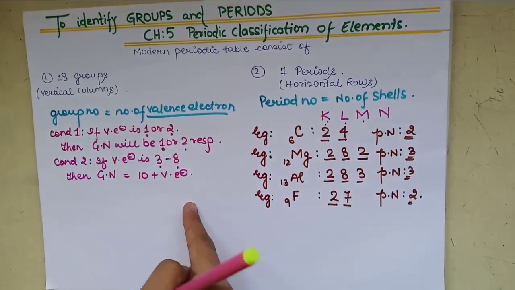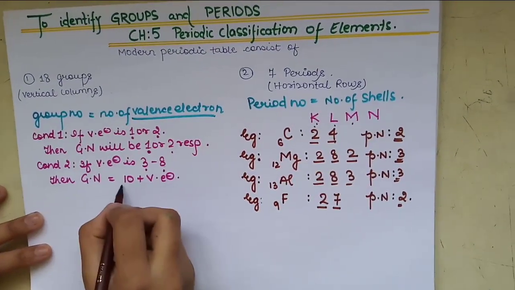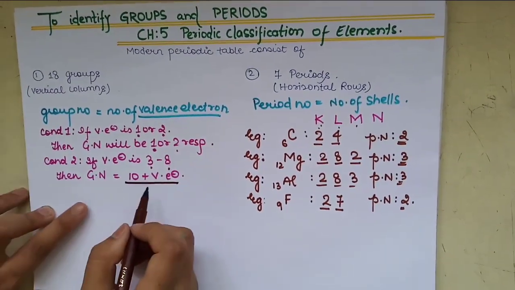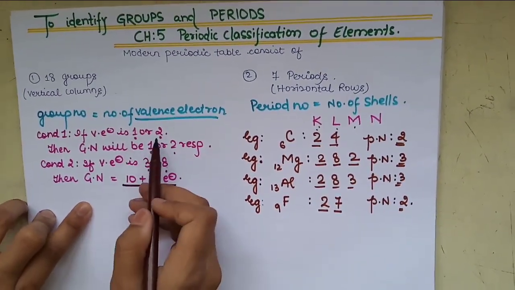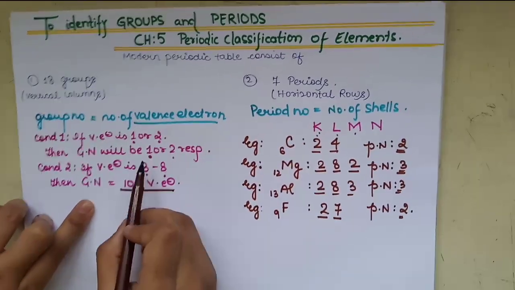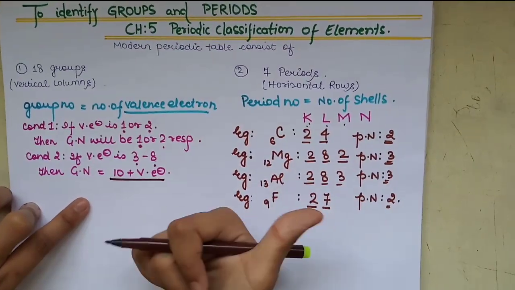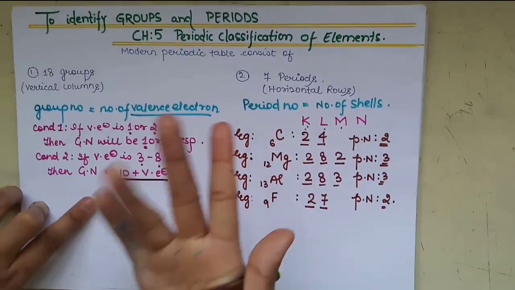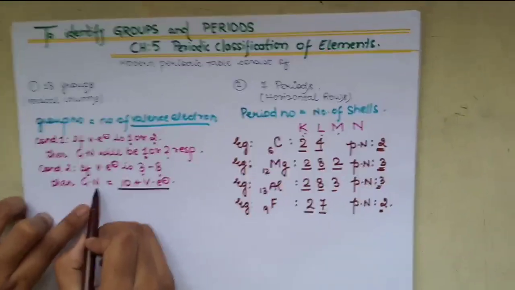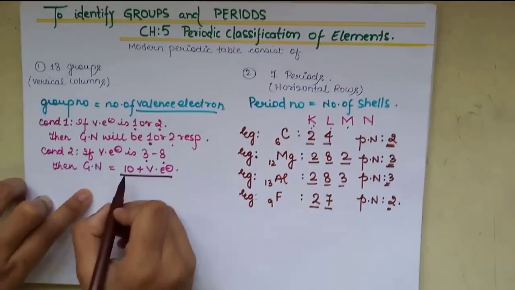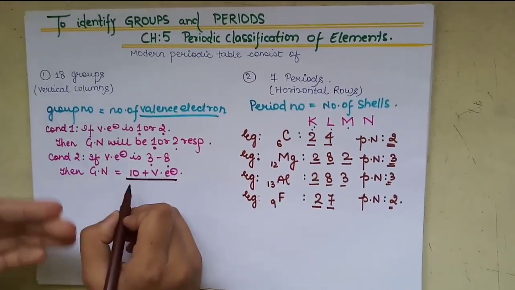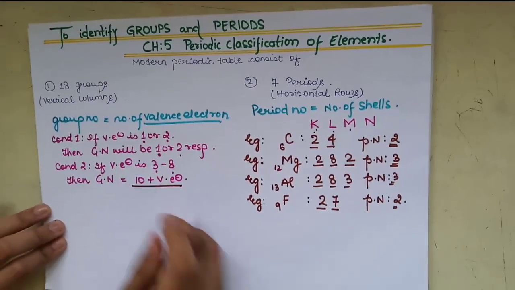This is a very important point to keep in mind: if the valence electron is 1 or 2, then there is no doubt the group number will be 1 or 2 respectively. But if the valence electron is 3, 4, 5, 6, 7 or 8, then the group number should be equal to 10 plus the given valence electron. It will be more clear when we get to the examples.